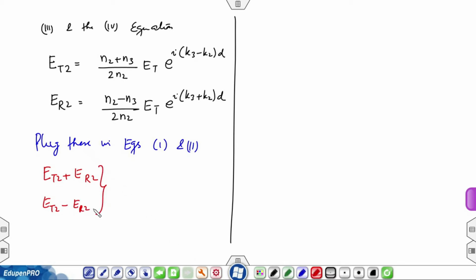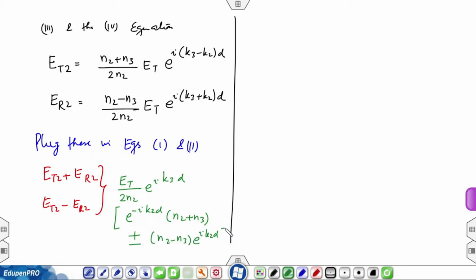And these come out to be, I will put them together, ET divided by 2 and 2, e raised to I K3 D comes out common, and inside I get e raised to minus I K2 D times N2 plus N3 plus or minus N2 minus N3 e raised to I K2 D. So, you found both of these.